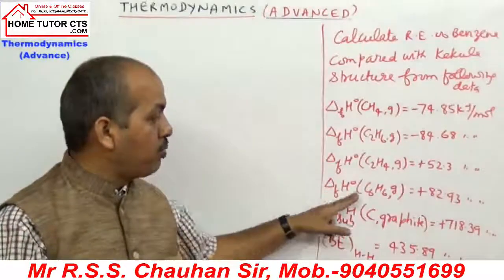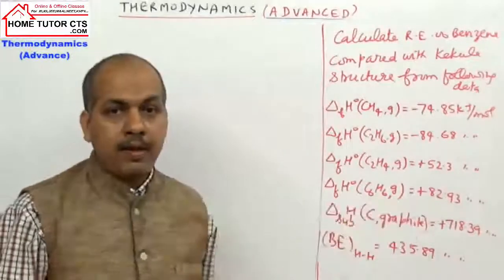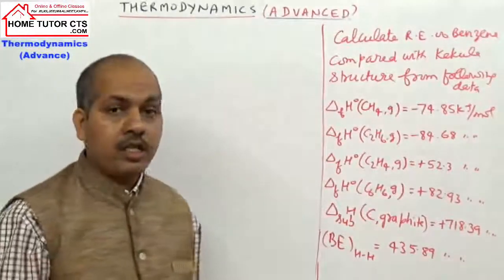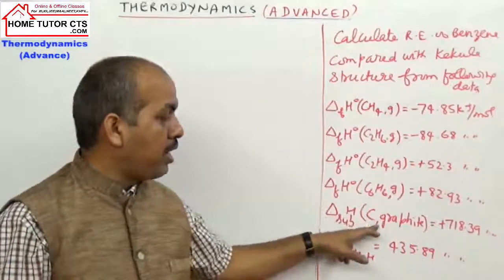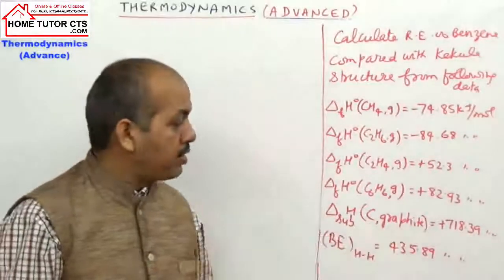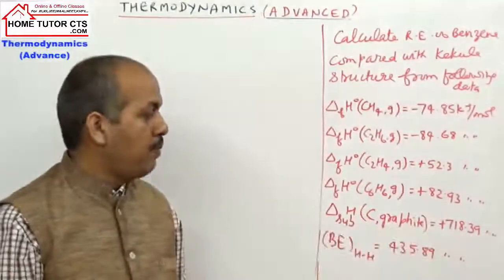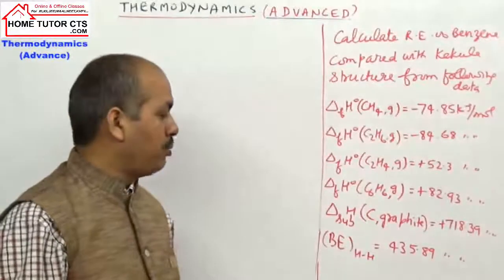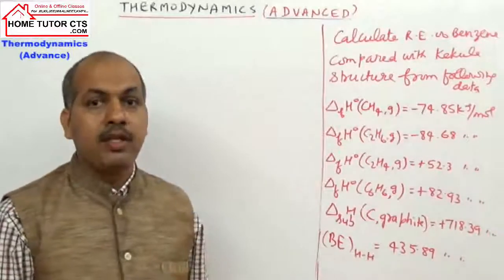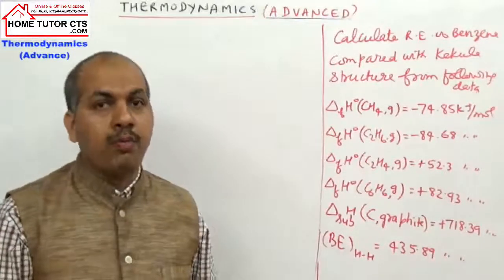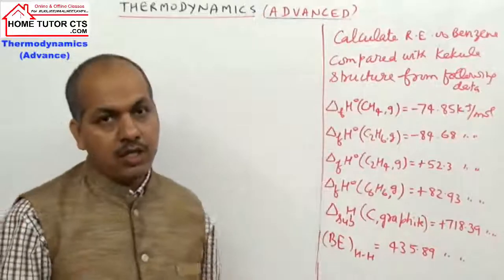Heat of formation of benzene in gas phase is plus 82.93 kilojoule per mole. And heat of sublimation of carbon graphite is plus 718.39 kilojoule per mole. And bond enthalpy of the HH bond is 435.89 kilojoule per mole. So try this question.